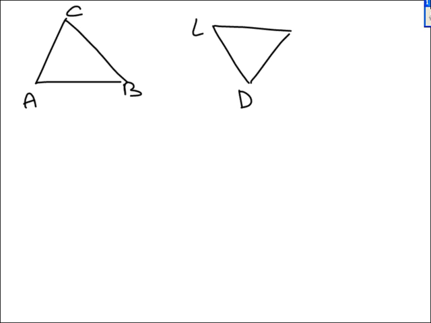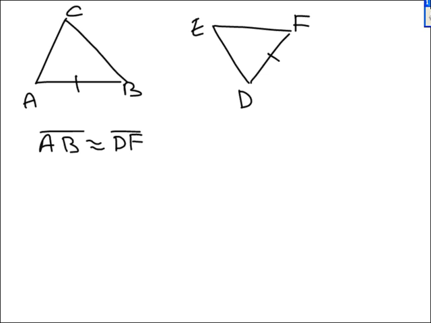For example, if you're given two triangles, ABC and DEF, and you are told that the lengths of AB and DF are congruent. That means they're equal. AB and DF are equal.